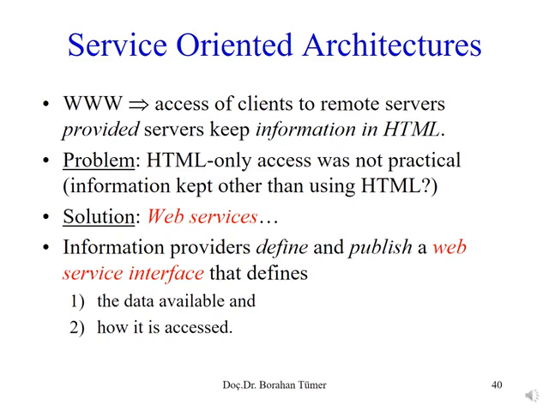The solution to that problem is web services, where organizations that want to make their information accessible to other programs can do so by defining and publishing a web service interface. This interface defines the data available and how it can be accessed.